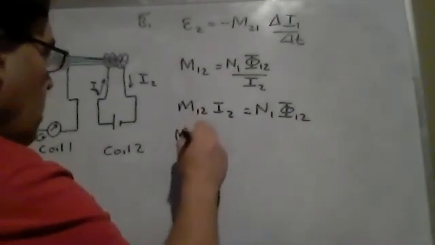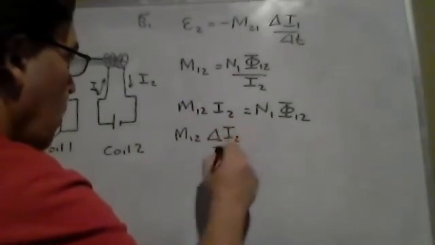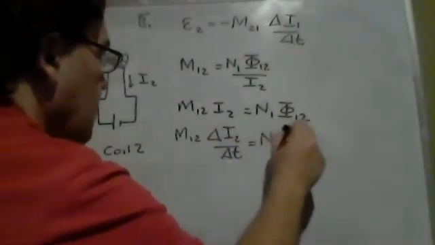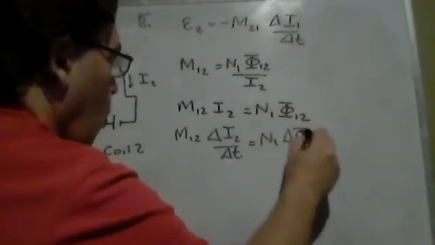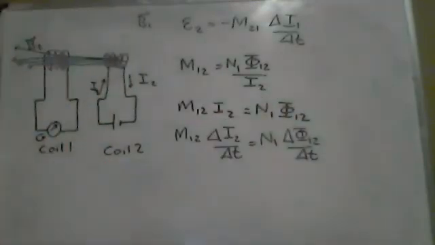I get M12 delta I2 with respect to T is N1 delta B 1 2 with respect to T. Again, N1 is the number of turns of wire in coil 1, and M12 again is my mutual inductance. Again, considering coil 1 reacting to coil 2, what's coming from coil 2.